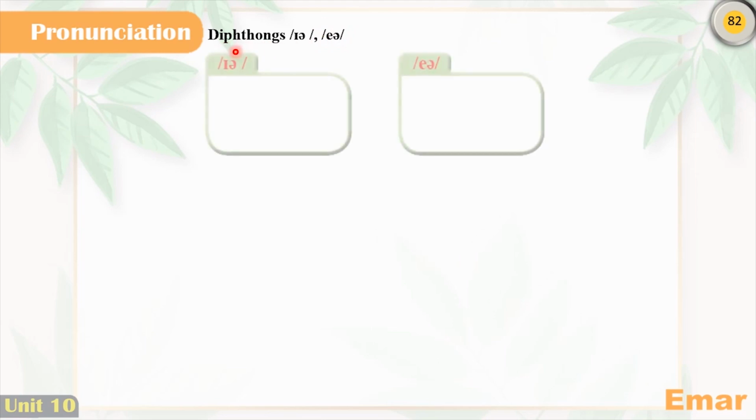Let's move on to the pronunciation part. The sounds ia and ea are called diphthongs. We have two lists. Ia, like here, career, here. On the other hand, we have hair, where, and rare.